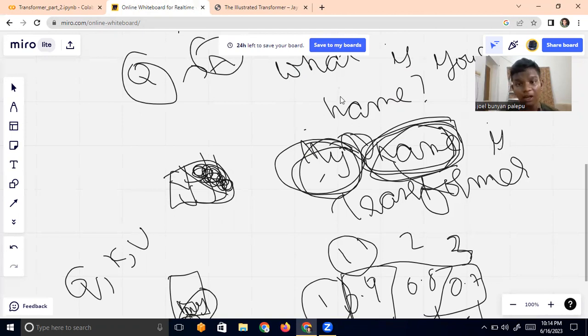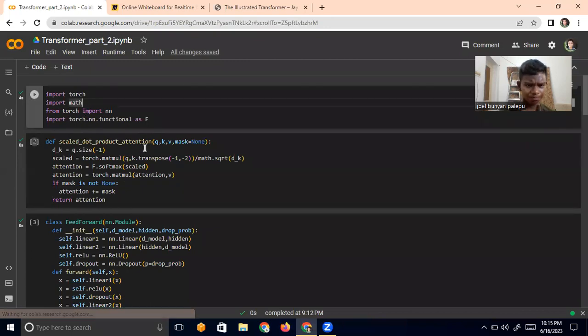So we will not perform masking in the encoder, because we want the model to have attention on the next values also. We only perform masking for the answer in training, because we don't know the answer when we're actually using it. The model doesn't know it, at least, right?